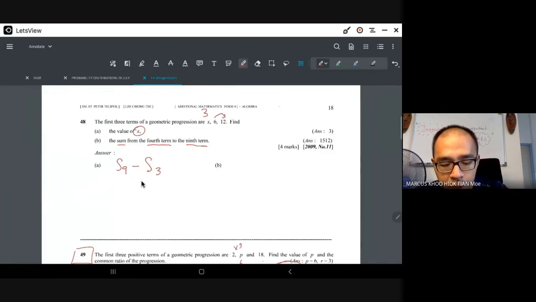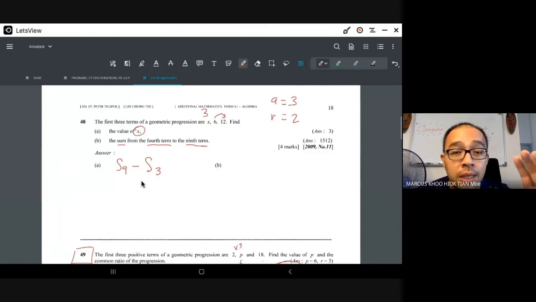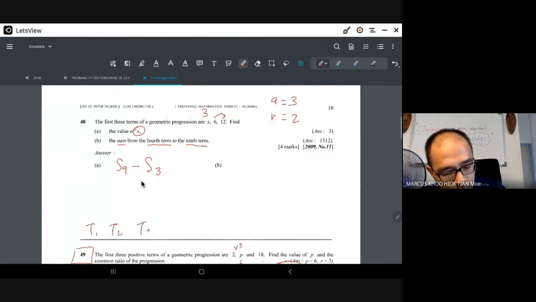Okay, here we know what is the A. A is 3, R is 2, sebab 6 bahagi 3 adalah 2. The sum from the keempat sampai ke 9 will be semua 9 nombor tolak dengan 3 yang pertama. Okay, T1, T2, T3, T4, T5, T6, T7, T8, T9.